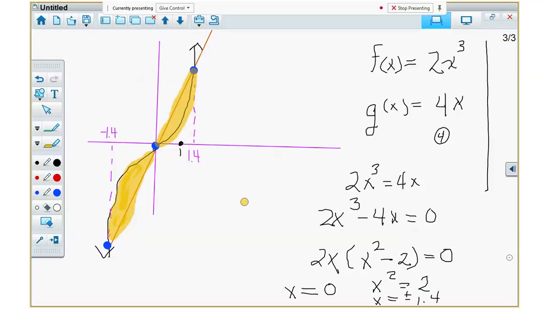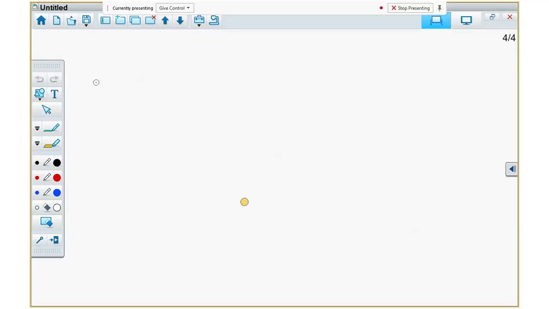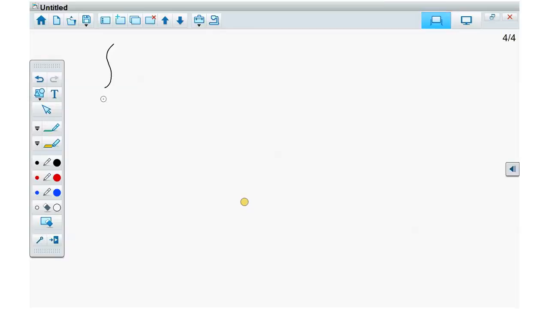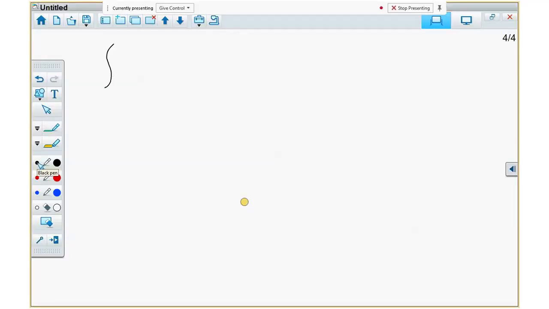4x is the higher function, so you always want to take the highest minus the lowest, so we'll do that. Antiderivative from 0 to 1.4 of, what is our function? 4x minus 2x cubed dx.